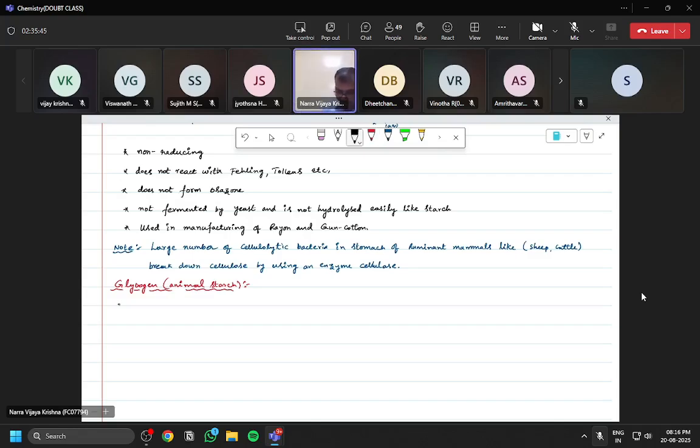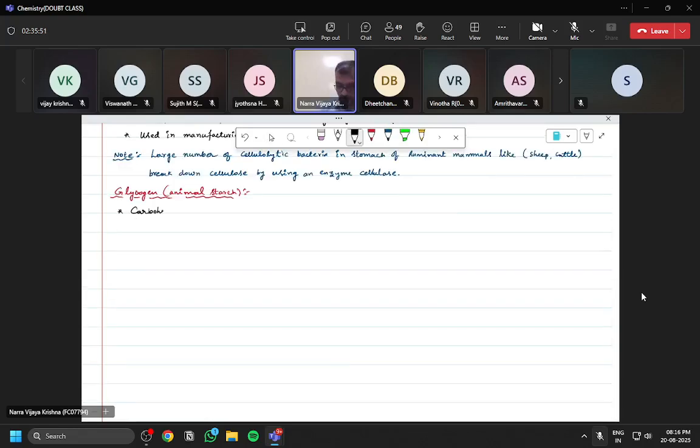Carbohydrates are stored in animals in the form of glycogen.